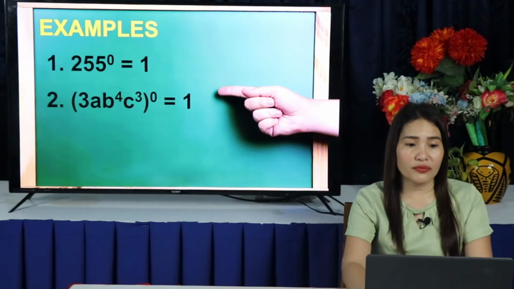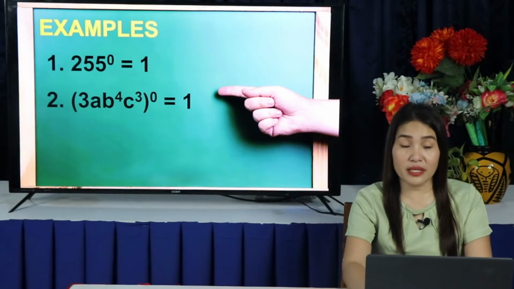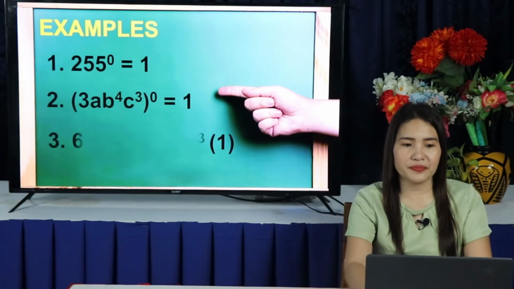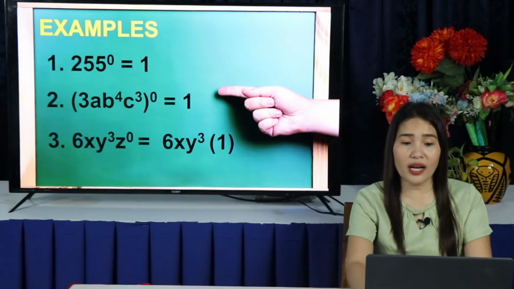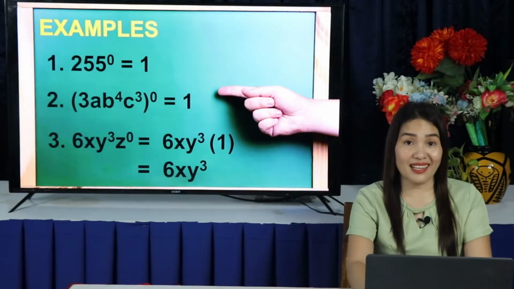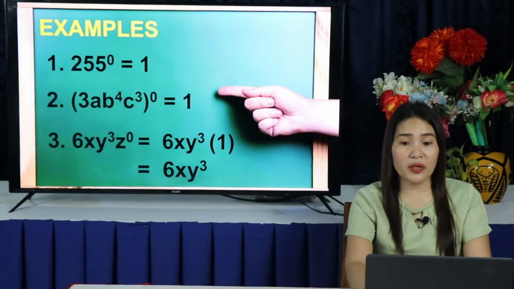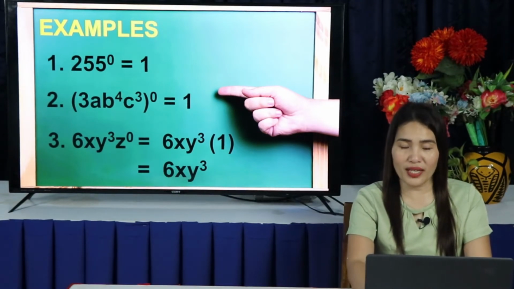The quantity of 3a, b raised to 4, c cubed, raised to the power of 0 is equal to 1. 6xy cubed z raised to 0 is equal to 6xy cubed times 1, so you will have 6xy cubed. Remember, z raised to 0 is only the variable that is raised by 0 and is equal to 1.